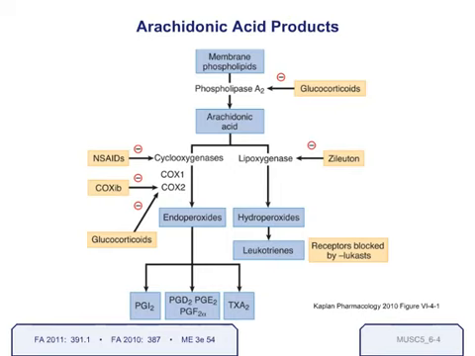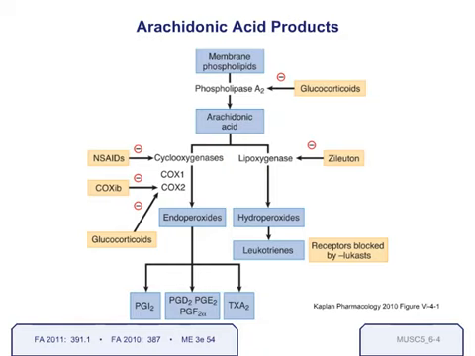Then that arachidonic acid can be worked on by one of two enzymes, either lipoxygenase, which will convert it into leukotrienes, or by cyclooxygenase, COX-1 or COX-2, which will convert arachidonic acid into a series of different molecules, which we'll go over now.